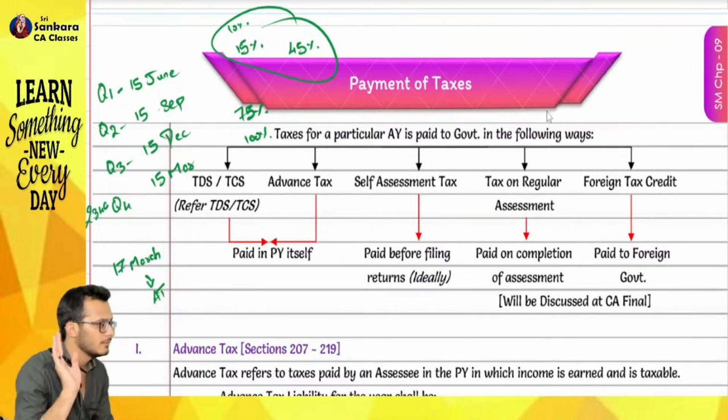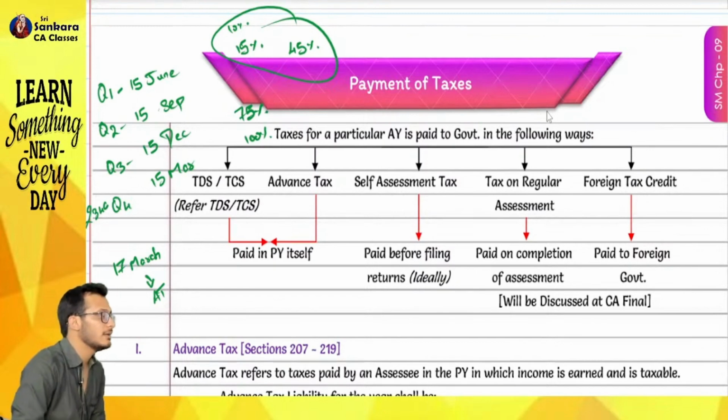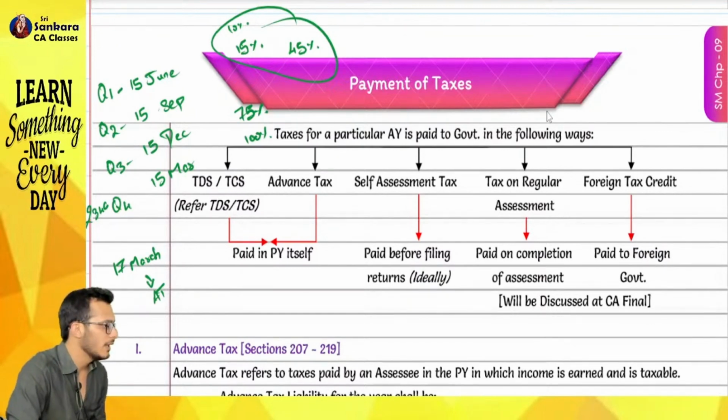You can remit self-assessment tax. There are 2 exceptions. Exception number 1, you should not have tax liability of more than 10,000. Second, you should not be a resident senior citizen not having PGBP income. If you are that kind of person, you don't need to remit advance tax.